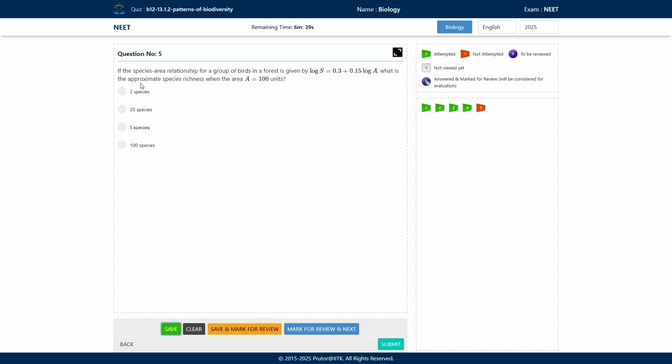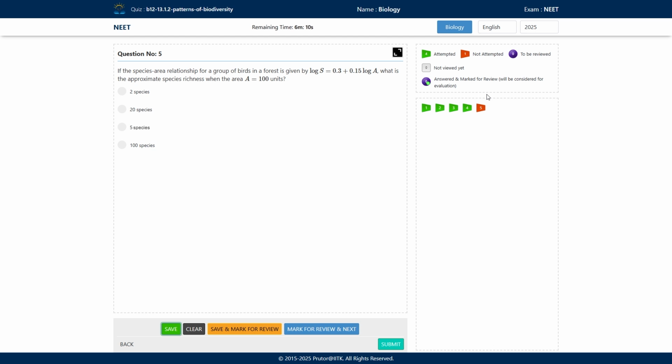Next one, if a species-area relationship for a group of birds in a forest is given by log S = 0.3 + 0.15 log A, what is the approximate species richness when the area A is equal to 100 units? So they have given area is equal to 100 units. What will be the correct answer here? Okay, they are talking about the species richness.